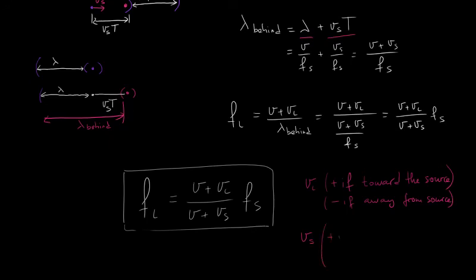It's positive if the source is moving toward the listener, or observer, and when it's moving away from the listener or the observer, then we have a negative.